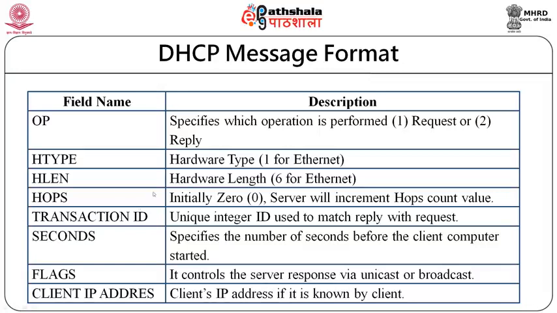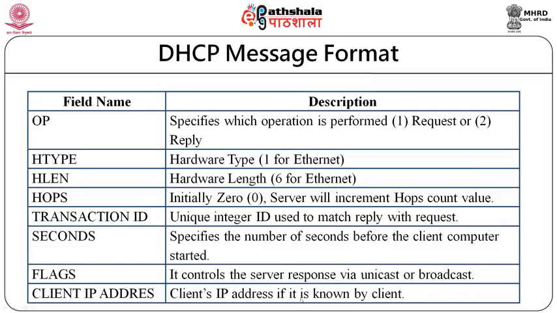So the transaction ID tells whether it is a reply or a request, and it should match: this is the request, and the reply has been made to that particular request. Then seconds elapsed specifies the number of seconds since the client computer started, how much time it has been using the net. Flags control whether the server responds via unicast or broadcast. Then the client IP address, if it is known by the client.